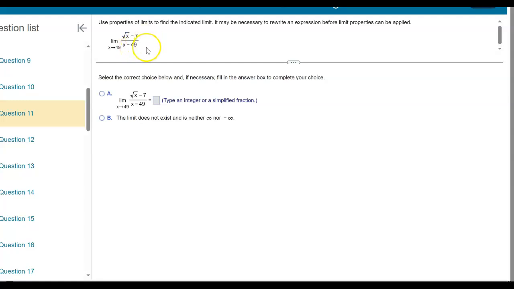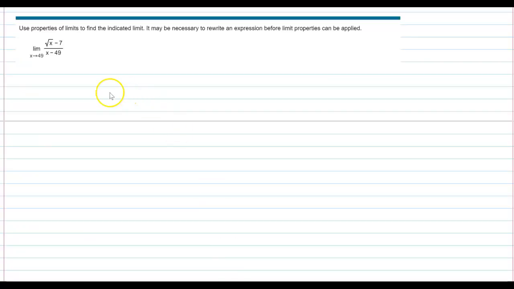So you have 0 over 0, and that is an indeterminate form. You cannot say that it does not exist. So another technique that we could also use is by rationalization, rationalizing method. So here, because it's indeterminate, we can use the rationalizing method, especially that this involves square root.